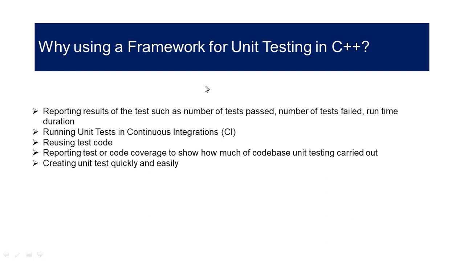When you run your unit testing in C++ with a framework, the framework will allow you to report results of tests such as number of tests passed, number of tests failed, runtime, duration, and so on. In our case, today, it only shows us, oh, assertion failed. The application that the assertion is failing in, that is the project, the line number, and the expression.